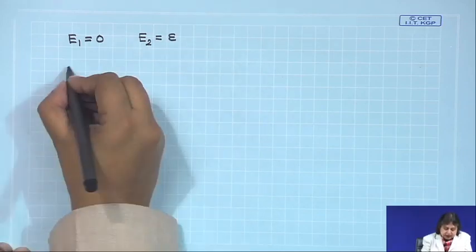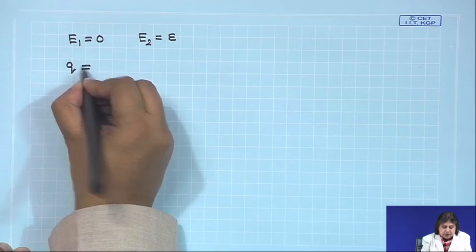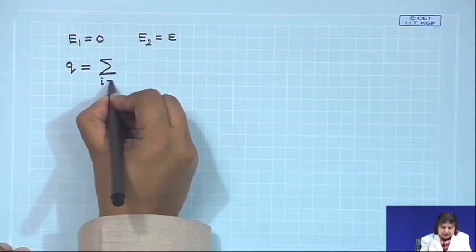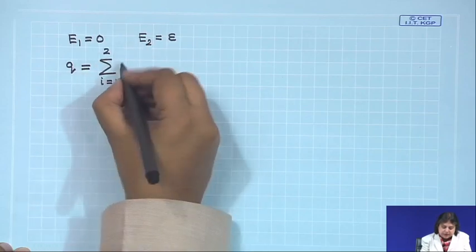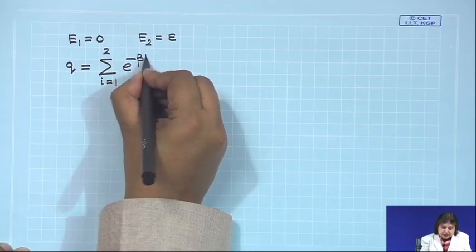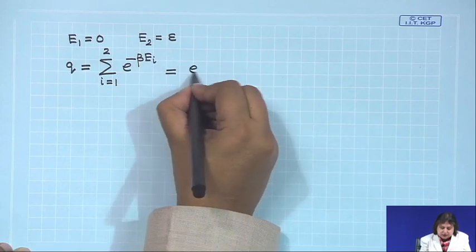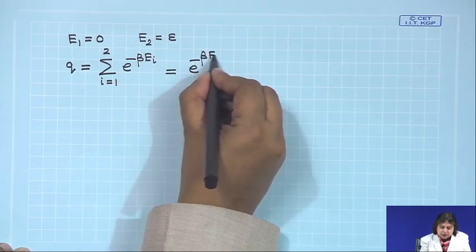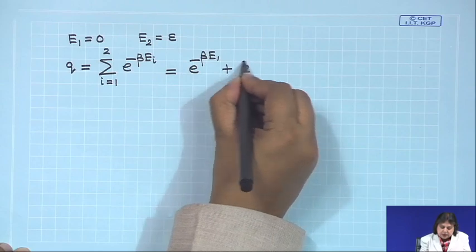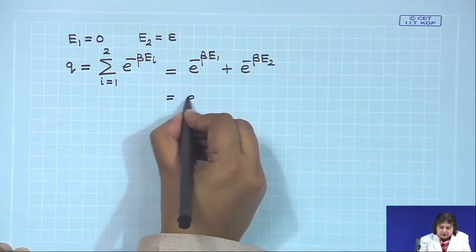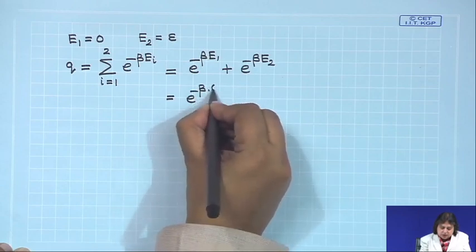So, once again, if I write down the single particle partition function for this system, I will say that this is equal to sum over i equal to 1 to 2 of e to the power of minus beta Ei. So, as before, I am going to write it as e to the power of minus beta E1 plus e to the power of minus beta E2. Now, I put the values of E1 and E2.